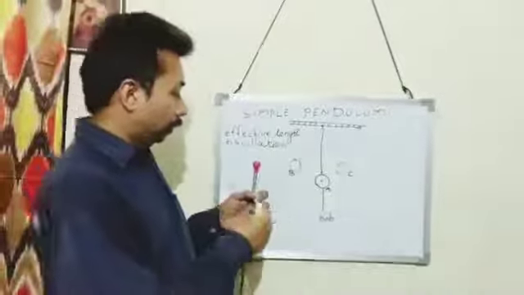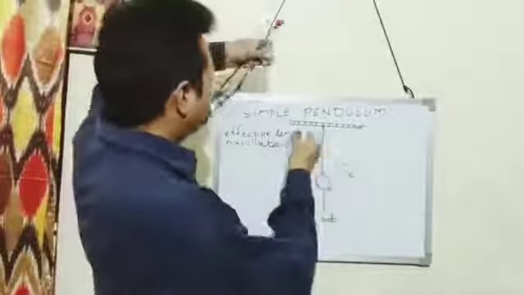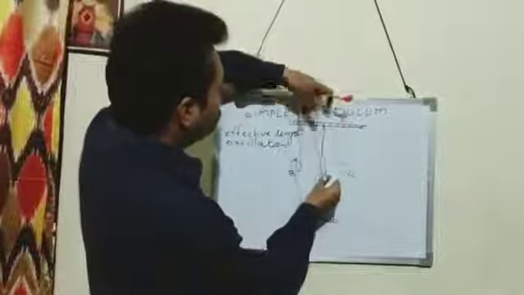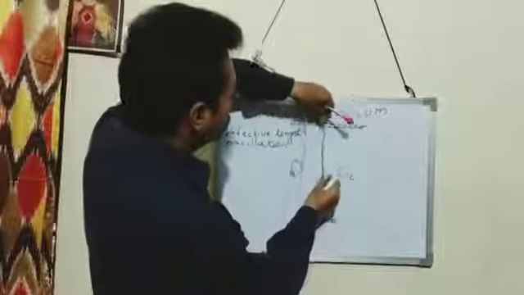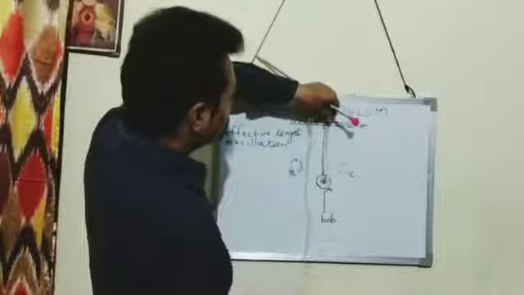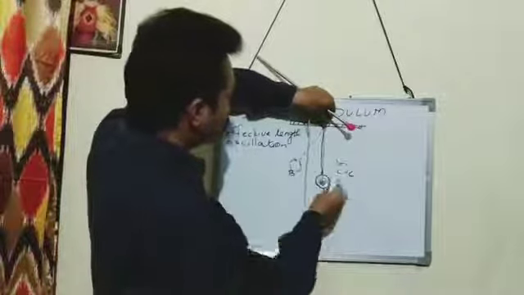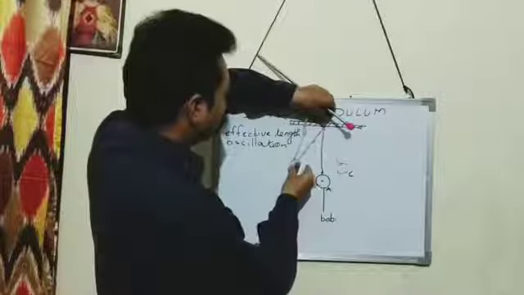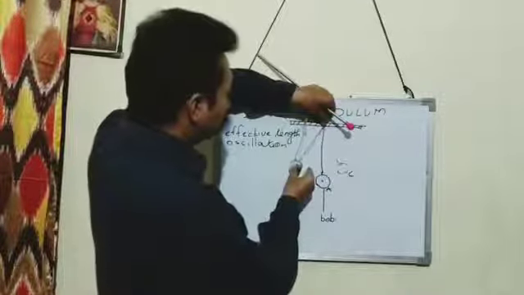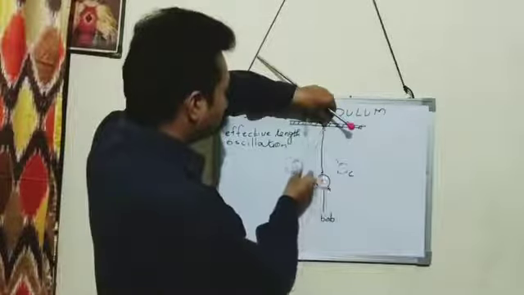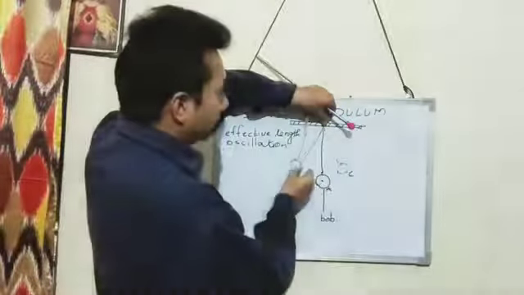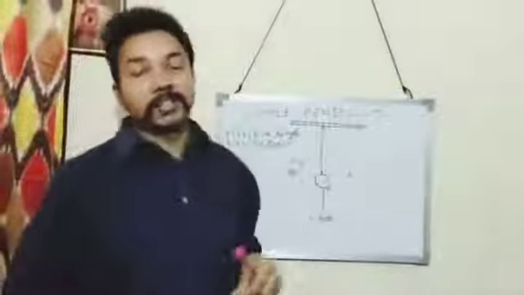For example, we take this one to the left side. This is the mean position. Take it to this side, then leave it. It goes to the other extreme and comes back to the left side. So that is one oscillation.